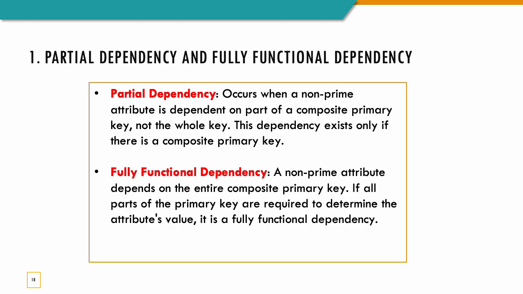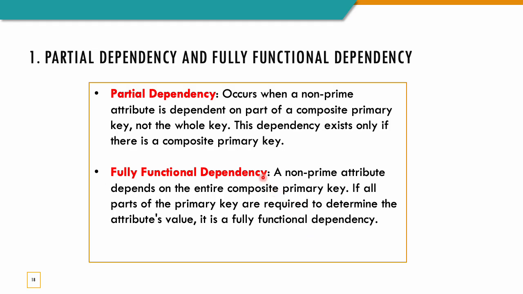A composite primary key here means that the primary key is made up of more than one attribute. So partial dependency can only occur if there is a composite key. Okay, so that was partial dependency.